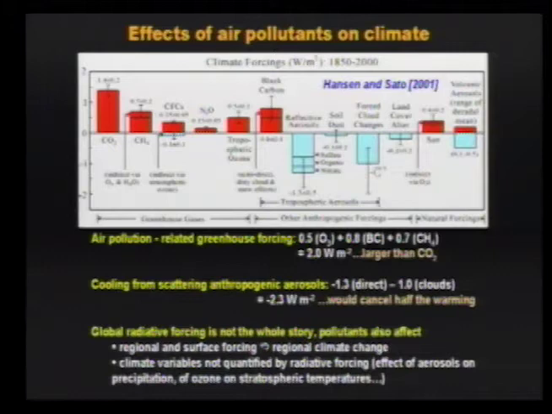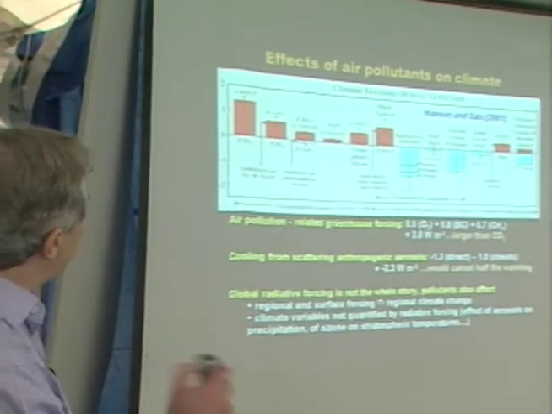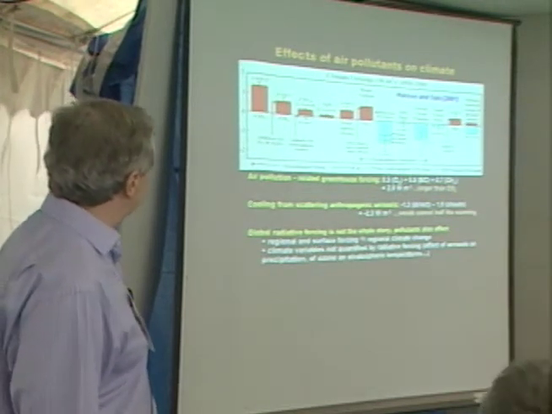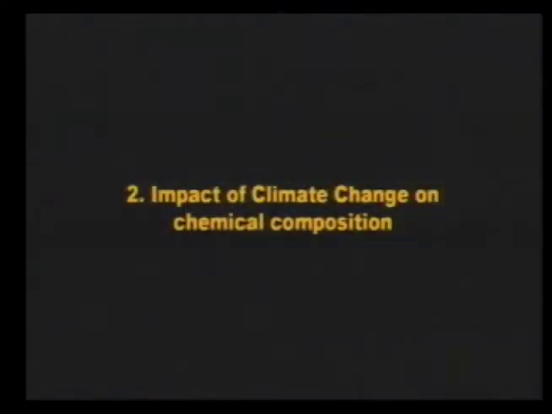And you can see also that the cooling from scattering anthropogenic aerosol might be important too. So there is a need to highlight, of course, that air pollution has an impact on the forcing and probably on climate. So I wanted to look now at the other direction.